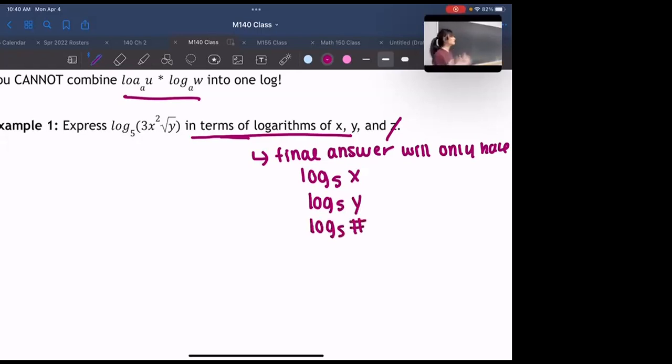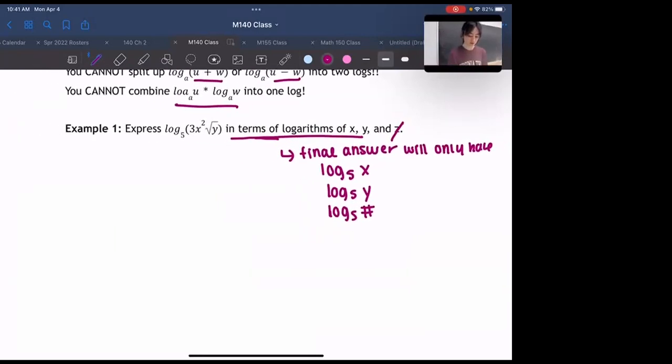There's not going to be any log base 5 of 3x or log base 5 of y squared, okay? We're only going to have these specific phrases in our answer, and if there's something else, then it's not part of the log. Okay. Any questions so far? Okay. Let's try this one. So I'm going to just rewrite the question here.